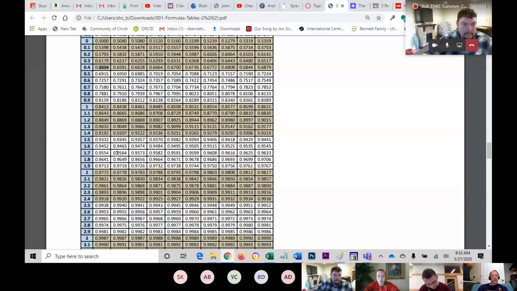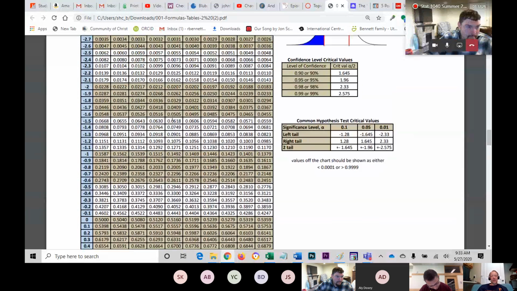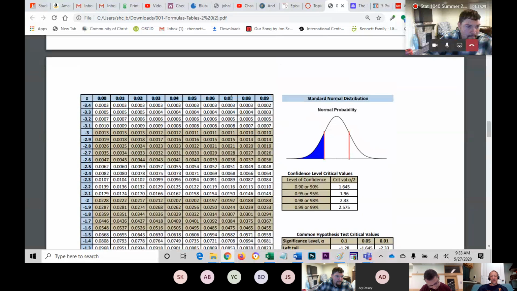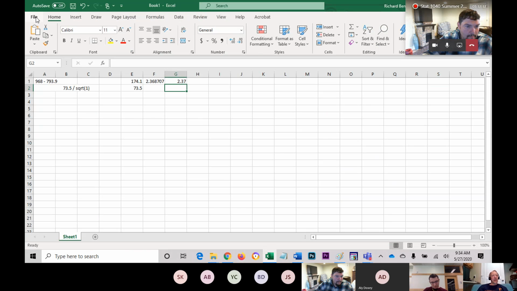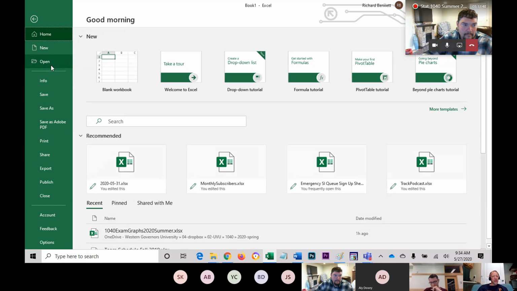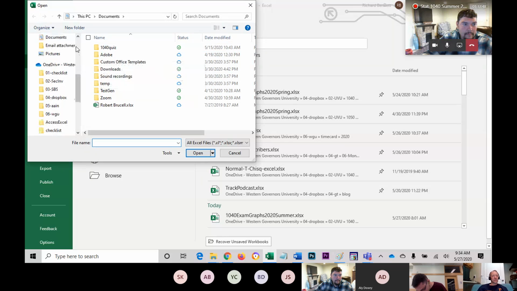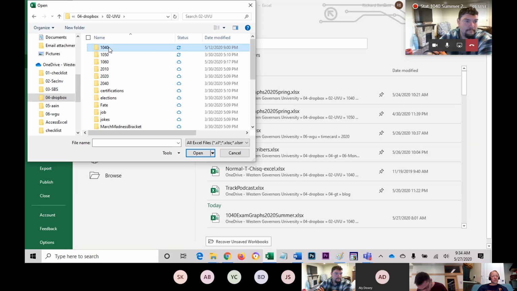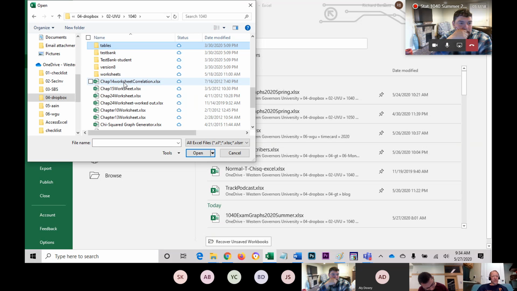We're going to find 2.37. So 2.3, and up at the top you've got 0.07 as this column here. So we're going to be looking at this column. I actually have something where it won't erase the column headings if I can find it. Tables.